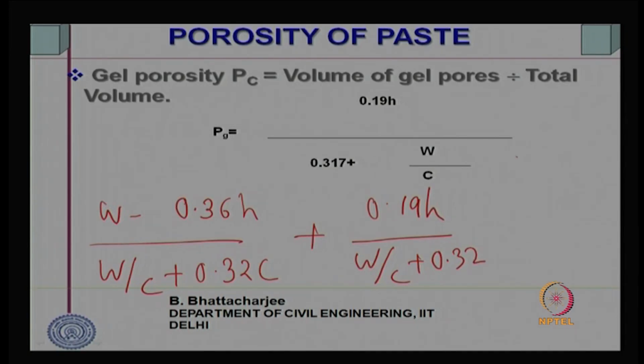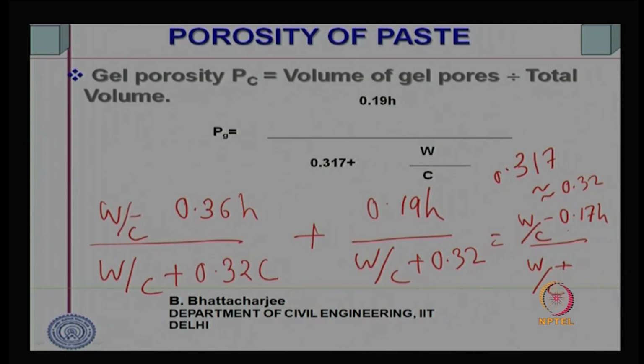Here, 0.317 is approximately equal to 0.32, and that is what I am using. So, if you sum this up, you will get W minus 0.17 H divided by W by C plus 0.32, because minus 0.36 plus 0.19 is equal to minus 0.17.